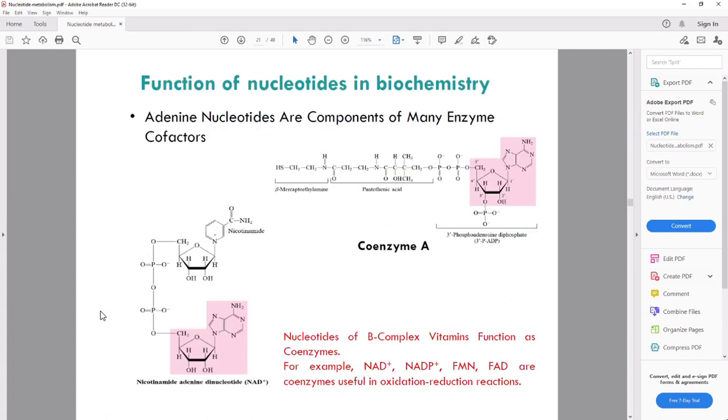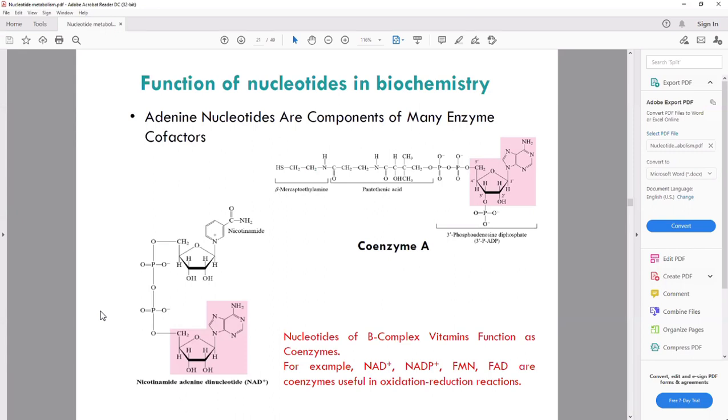We know that the key intermediate in both pathways is 5-phosphoribosyl pyrophosphate, PRPP. Remember that, the key intermediate.